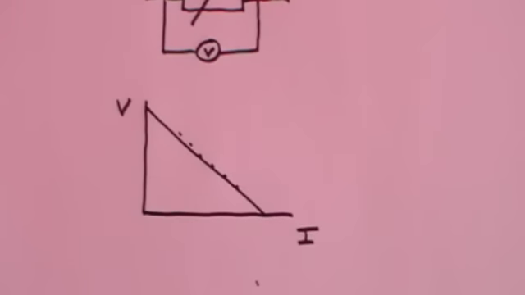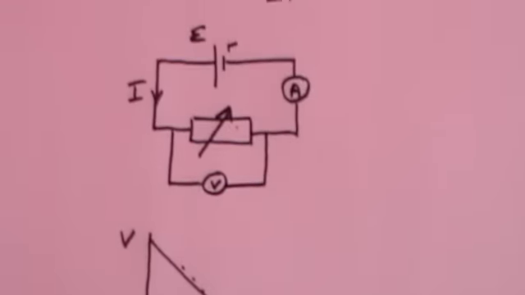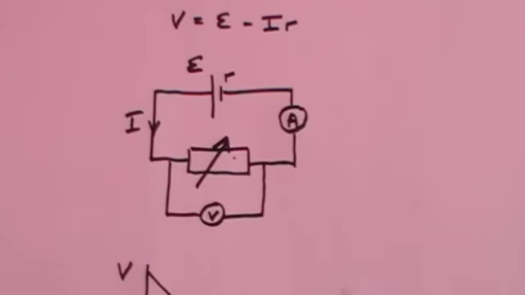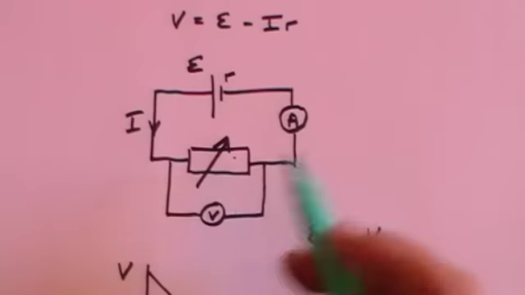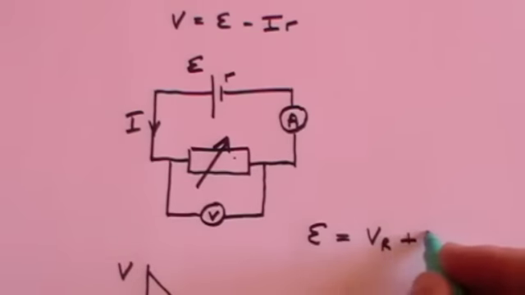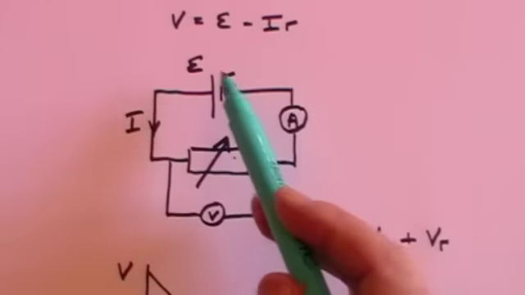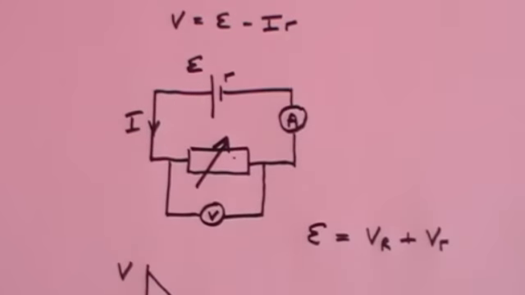Now, let's just remind ourselves what the formula is for this circuit here. We know that the total EMF E is going to be the potential drop across the resistance here, plus the potential drop across the actual battery itself.